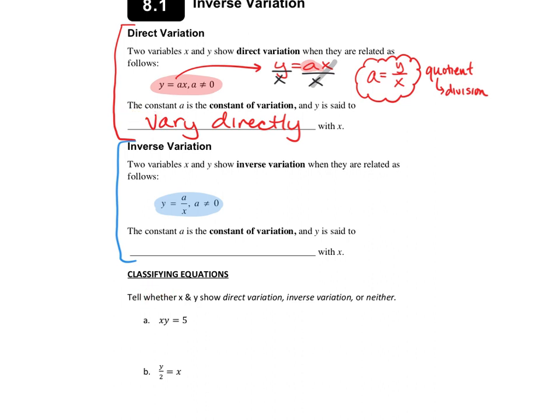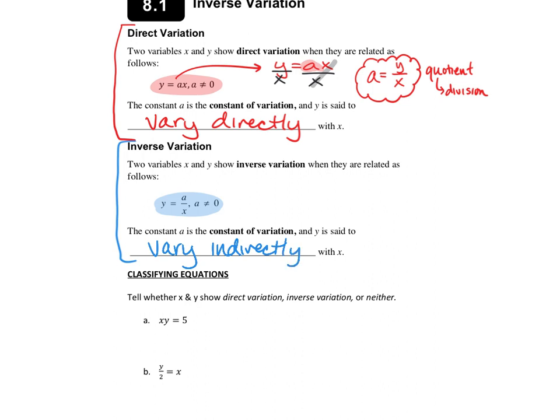Okay, cool. What else is the same? What do they both start with? y equals. But what's different about them? One's a fraction. Great. When you see the one that has a fraction in it, that's called inverse variation. And we would say that they vary indirectly.